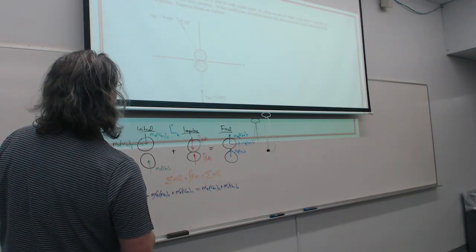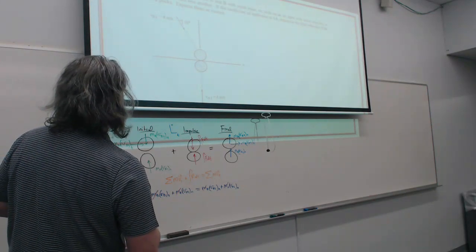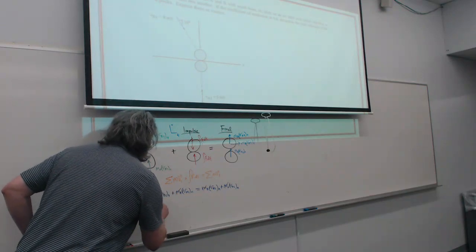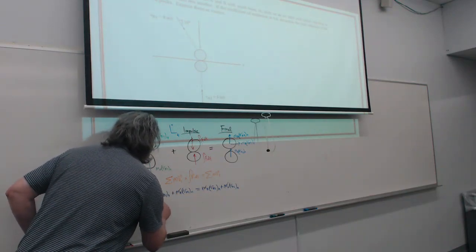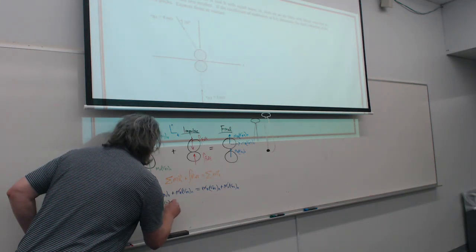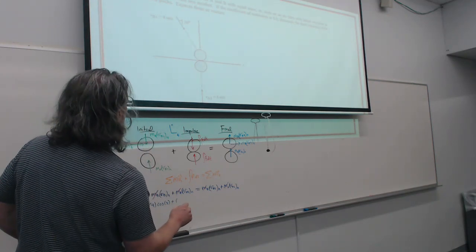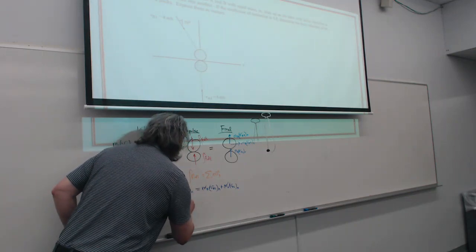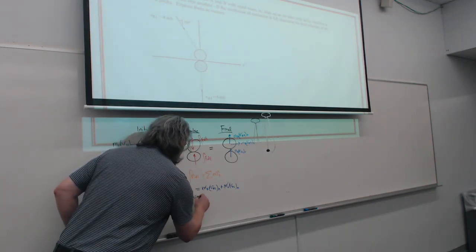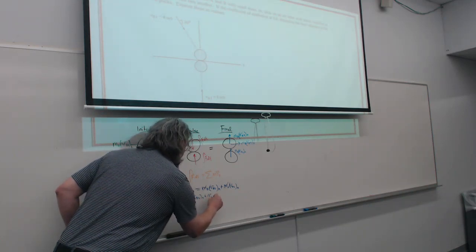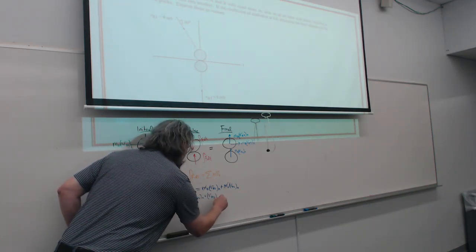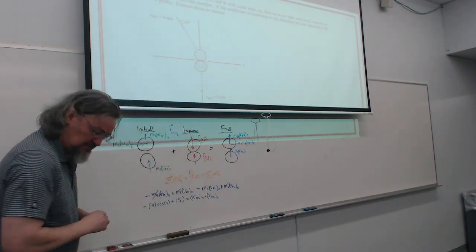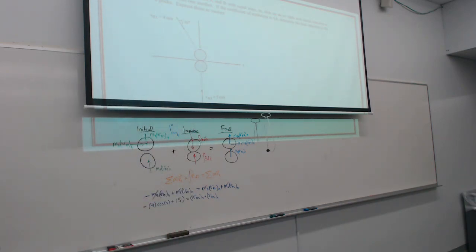So we have 30 degrees. This is going to be the cosine of 30 degrees. So it's negative 4 times the cosine of 30 degrees plus, this one's 5. And it's going to be equal to VB2 n plus VA2 n.